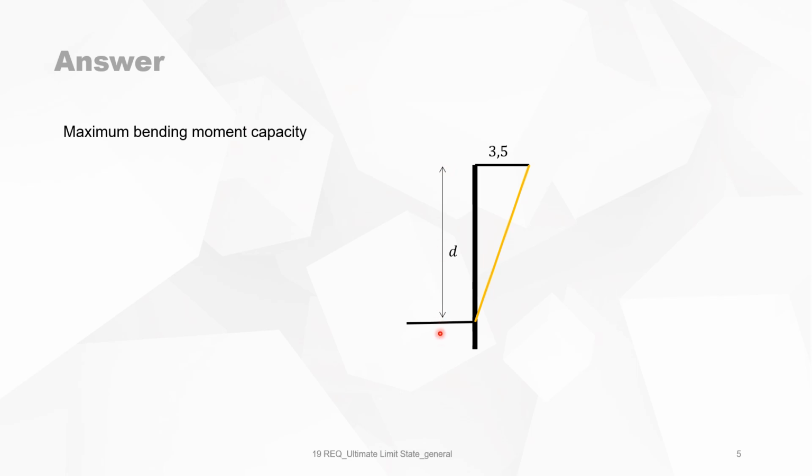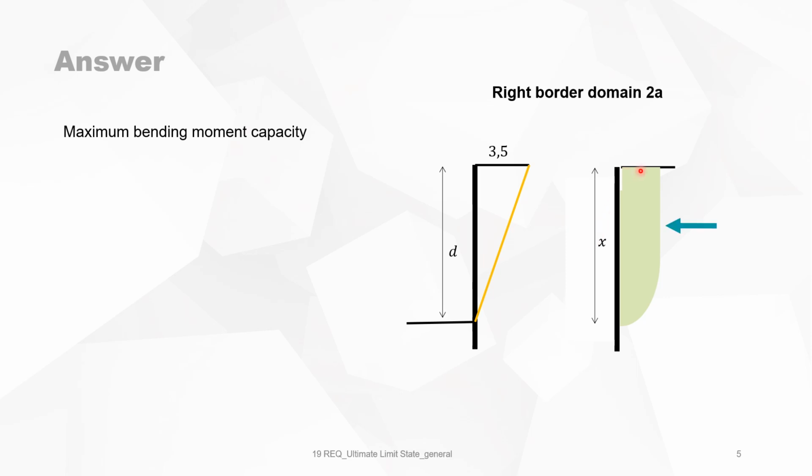So this is the effective depth, D. It is the right border of domain 2A. Then we go over to the stresses. We see that the total force in the concrete is approaching zero, at the distance delta G x, and the lever arm is Z. So C again is 0.81 and delta G 0.416 because we are in domain 2A.